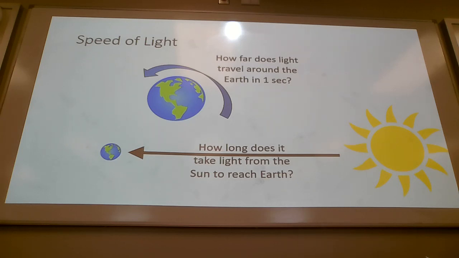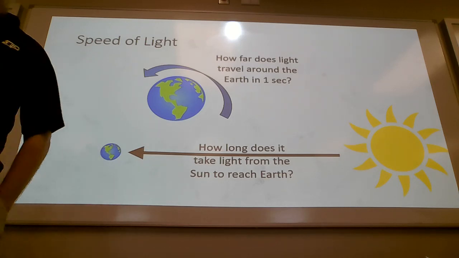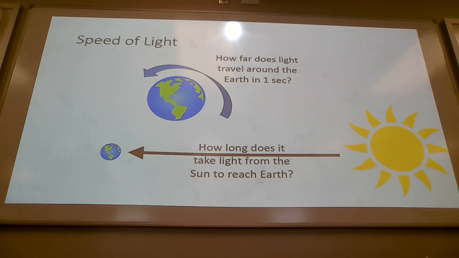Now, remember the whole thing where we had the basketball as the sun, and how big is the Earth and how far away the Earth is from the sun, that whole lesson at the beginning of the semester. The sun is far enough away from the Earth that it takes light 8 minutes to go from the sun to Earth.